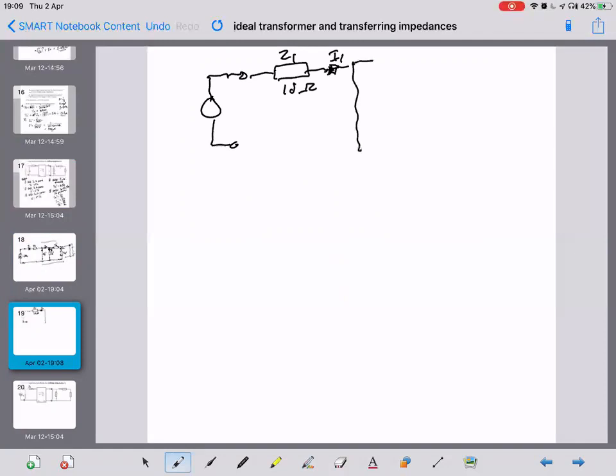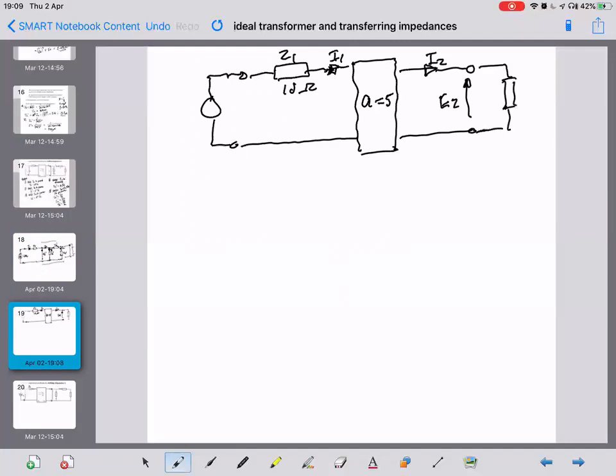Then we've got an ideal transformer, where the ratio A is equal to 5. I2, secondary terminals, V2, and then a load Z2 across it.